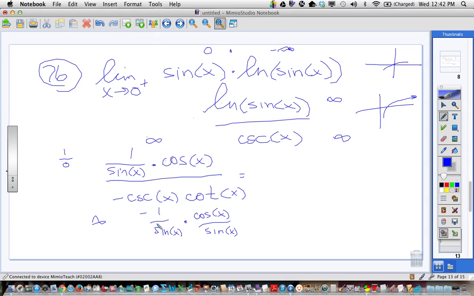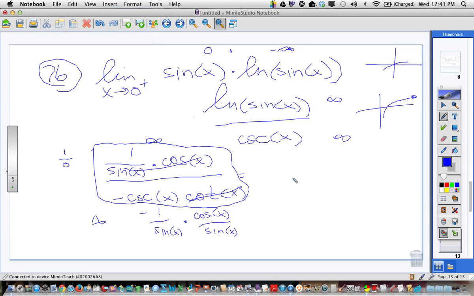Be good. All right, so we got infinity over infinity. Now, actually, there's something I probably should have done before I even did all that. There's some simplifying I can do here. Because what's the top? This is cotangent. This is cotangent. So this is 1 over cosecant.